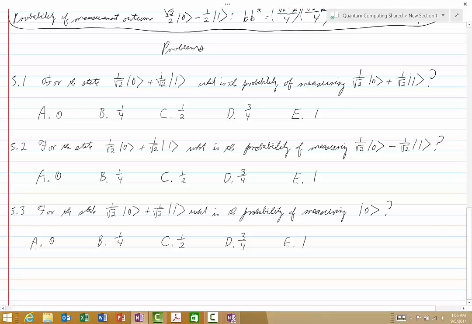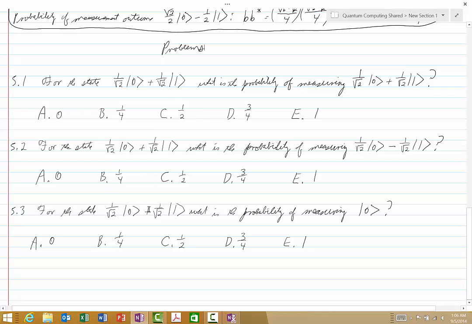So let's go ahead now and talk about problems for this lecture. So the problems for lecture 5 will be the following. In each case, we're dealing with the state 1 over square root of 2, 0 plus 1 over square root of 2, 1. Same here, and same here.